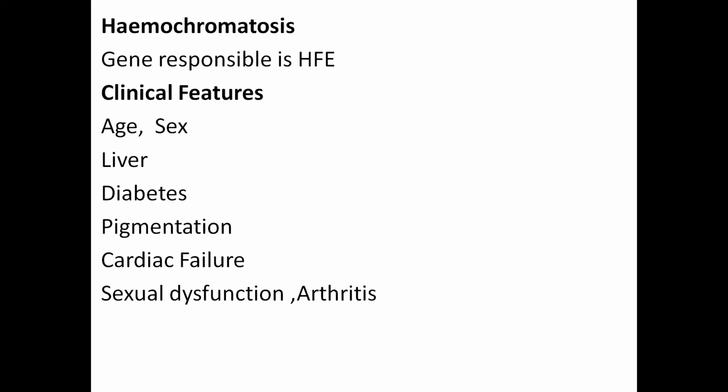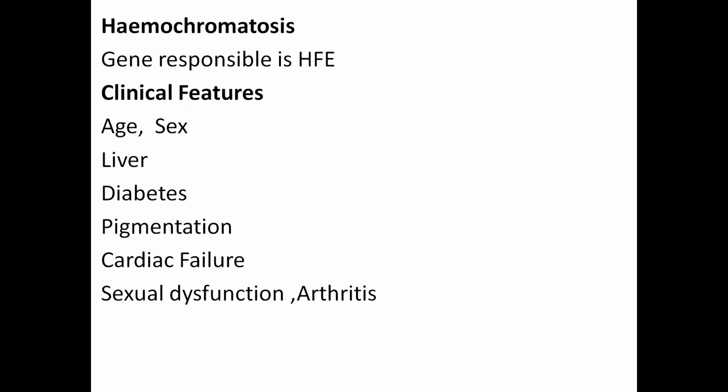Once the patient has developed cirrhosis, one third of these cirrhotic patients will develop hepatocellular carcinoma. And that is the cause of death in hemochromatosis. It occurs after the liver becomes cirrhotic.